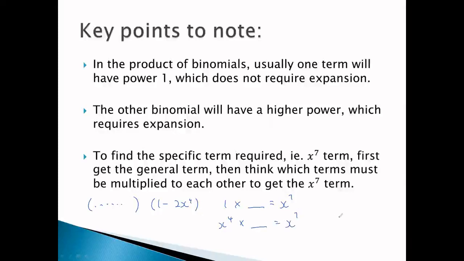By laws of indices, it's x to the power 0, right? So I need an x to the power 7 because 0 plus 7 equals 7. And for here, I need x to the power 3 because 4 plus 3 equals 7. So be very sure of this. If you're not good in your indices, you're going to have problems with the binomial theorem.